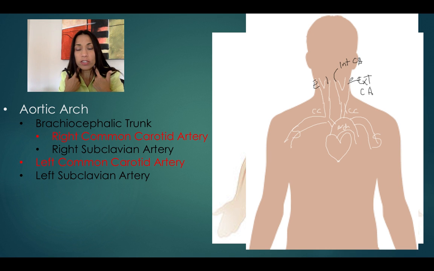Now the internal carotid artery passes through one of the openings, one of the foramina that we described on the skull. Don't worry about that.